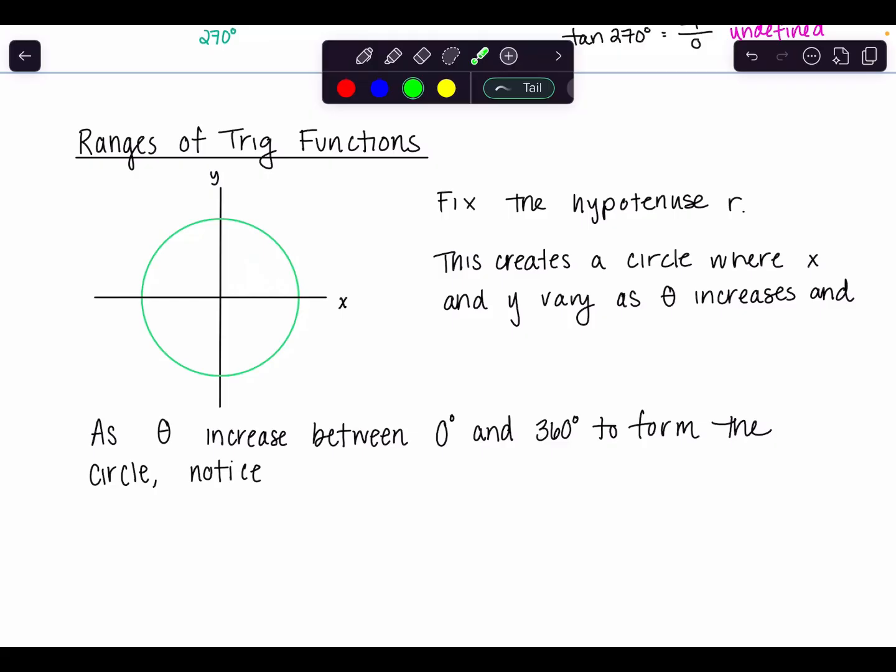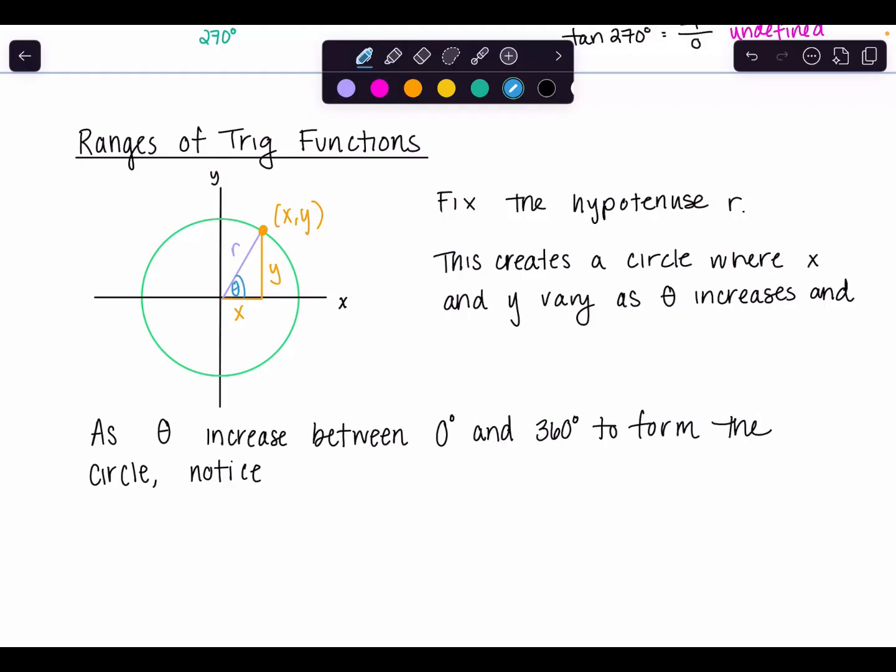And this allows us to then create a triangle with an angle between 0 and 360 degrees. So ultimately, that triangle is going to trace out a circle where your x and y are going to vary as your theta goes between 0 and 360 degrees. And so your value of r here will then create a right triangle, and it has some point xy to give you those sides x and y.